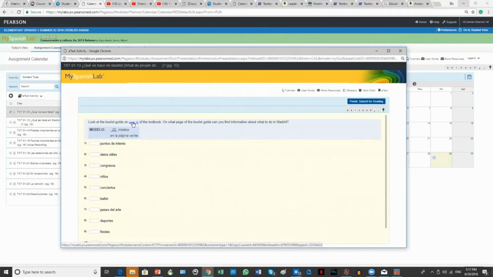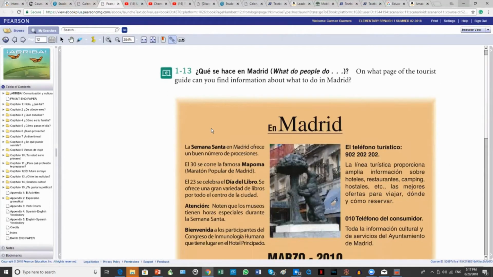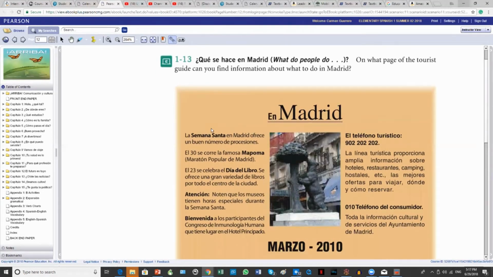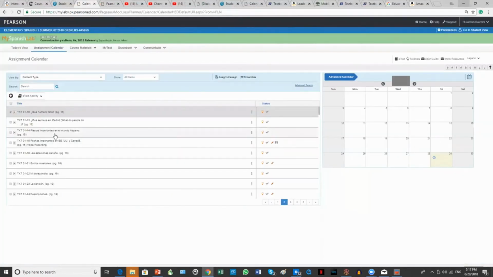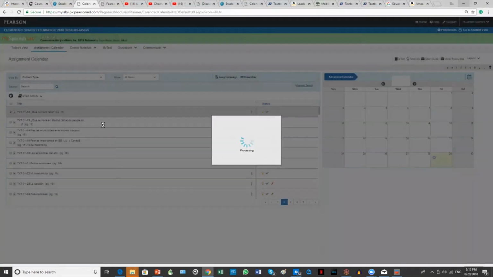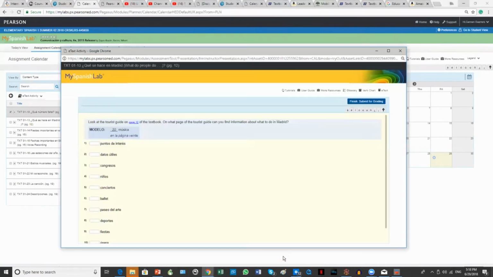And you're gonna get to find information on what to do in Madrid. So please do that, open that page. So, ¿qué se hace en Madrid? Y aquí hay información sobre las actividades de Madrid, and you guys are coming back to the exercise to respond to that exercise, which I already have open here.